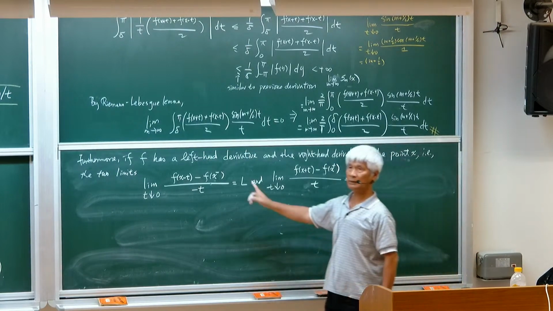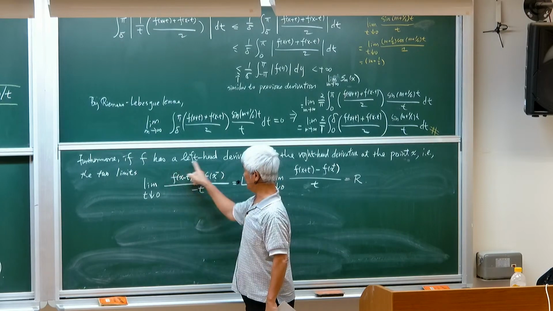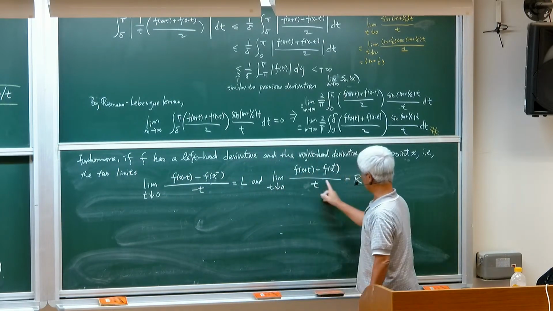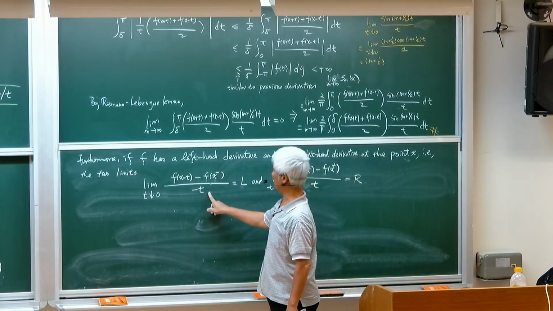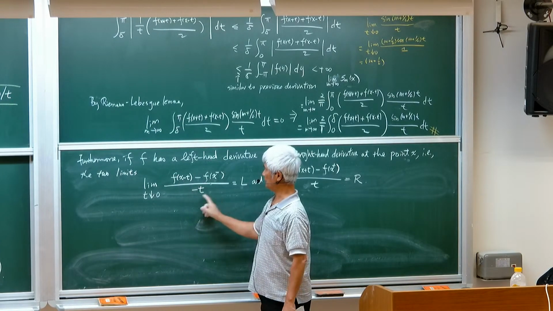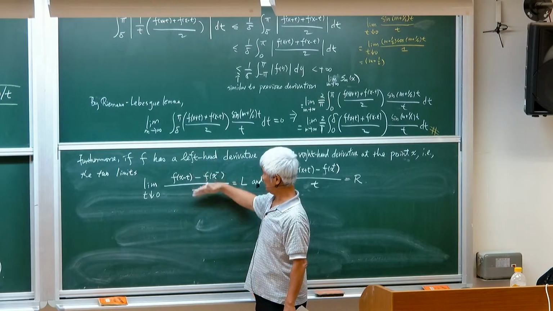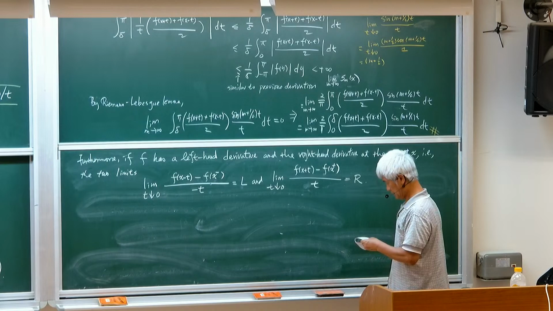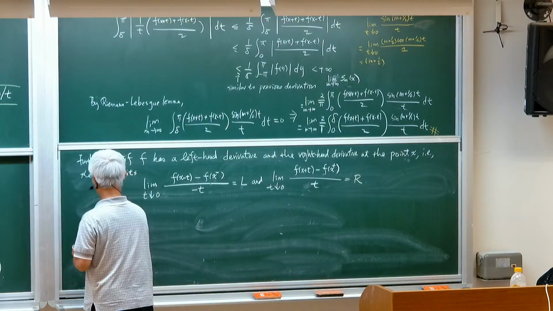So you have to see that this limit exists and equals L, and this limit exists and equals R. The reason for the minus t is that this is (−t) − 0, so this is the ratio we have. All right, so the two limits exist.